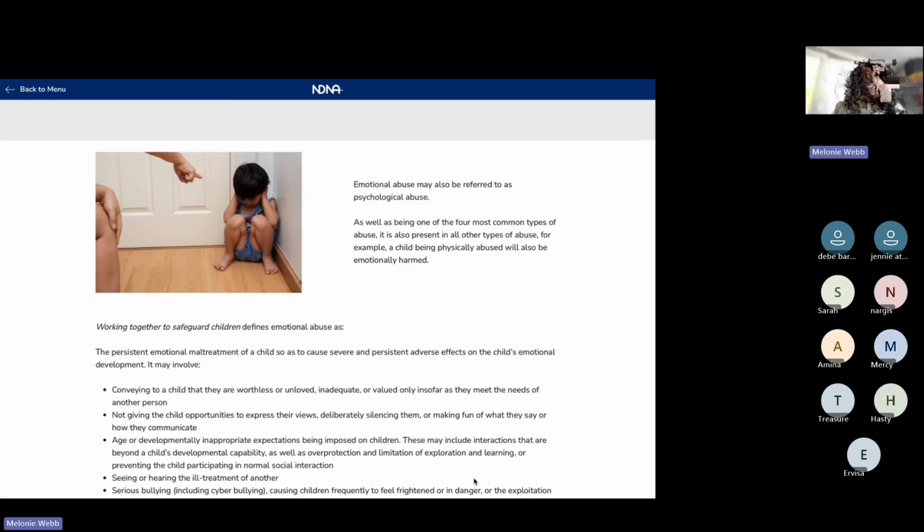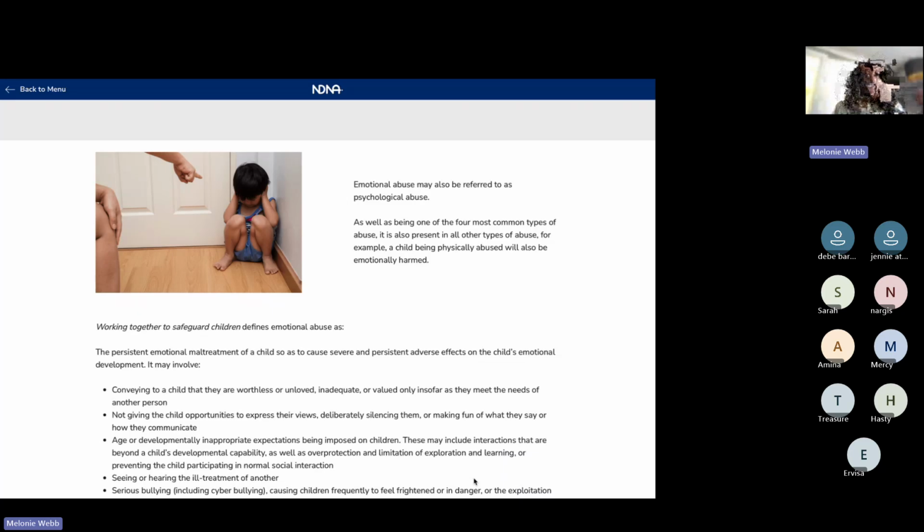Emotional abuse may also be referred to as psychological abuse. As well as being one of the 4 most common types of abuse, it is also present in all other types. For example, a child being physically abused will also be emotionally harmed. Working Together to Safeguard Children defines emotional abuse as the persistent emotional maltreatment of a child so as to cause severe and persistent adverse effects on the child's emotional development.